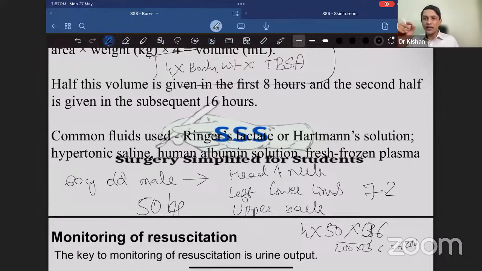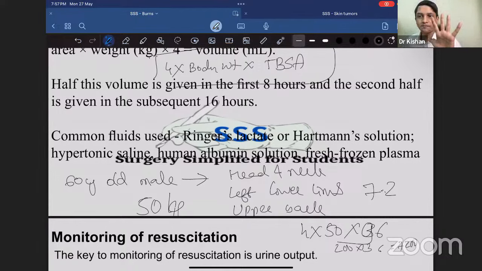So the trick here is you calculate for a maximum of 50% body surface area. If it is 55% burns, you calculate for 50. If it is 45, you calculate for 45. You understood now? The maximum body surface area which can be counted for calculation in the Parkland formula is 50%.